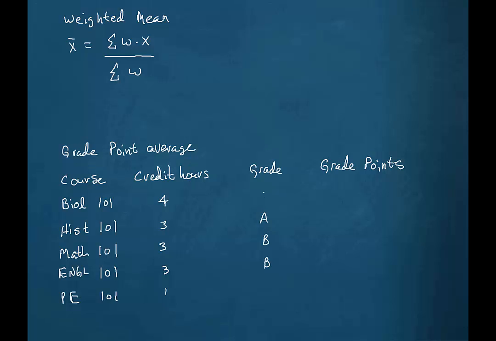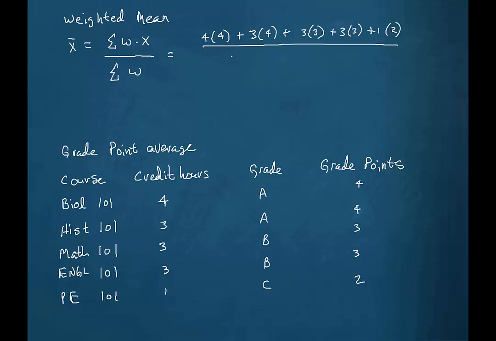Now let's change that Biology grade to an A and leave the PE grade the way it was in the first example. So that means that the PE grade would be a C and the Biology grade would be an A. Now we have 4 grade points here, 4 grade points here, 3, 3, and 2 grade points here. So this calculation now is going to be 4 times 4 plus 3 times 4 plus 3 times 3 plus 3 times 3 plus 1 times 2.